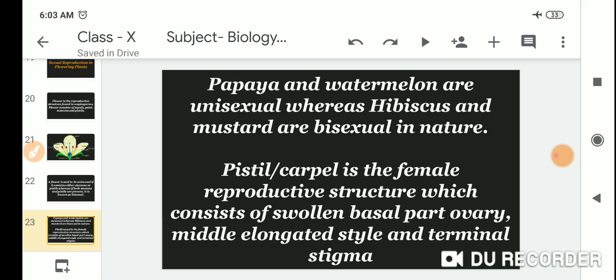Pistil or carpel is the female reproductive structure, which consists of a swollen basal part, the ovary, a middle elongated style, and a terminal stigma.